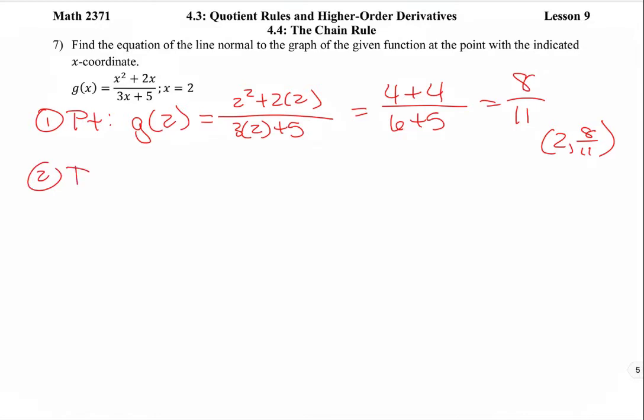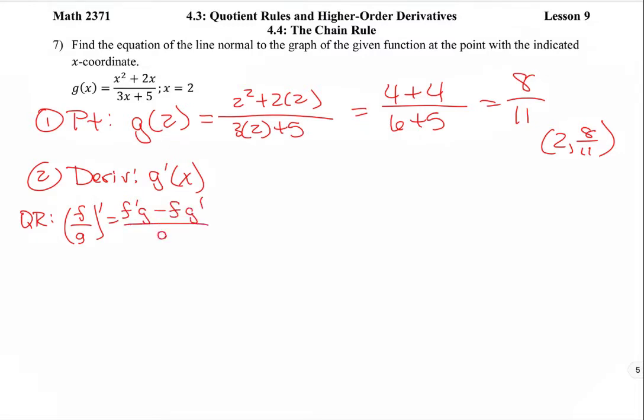Second, I need to find the derivative. So that means g prime of x. I need to use the quotient rule, which is f over g prime, which is f prime g minus f g prime over g squared.